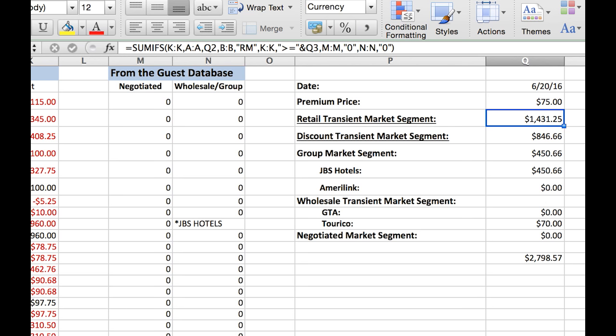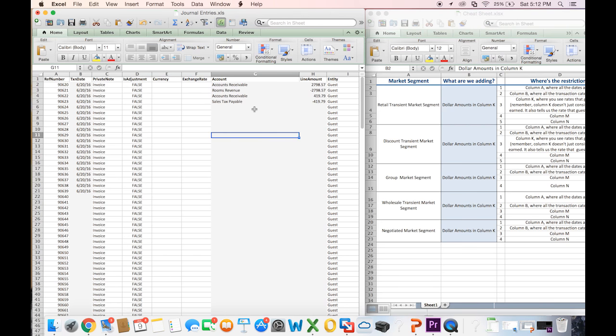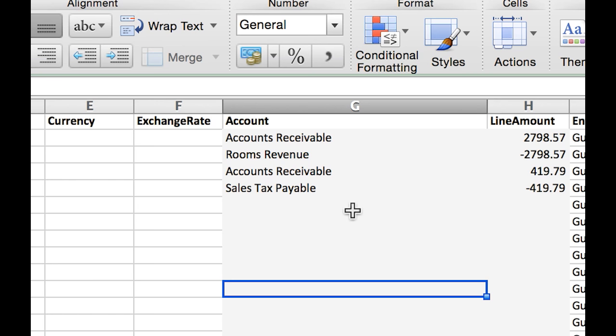Now the next step is to convert all the revenue you broke down into journal entries. I think the best way to help you visualize this breakdown of revenue into different market segments is to show you how it looks in Excel when we do the actual journal entries.